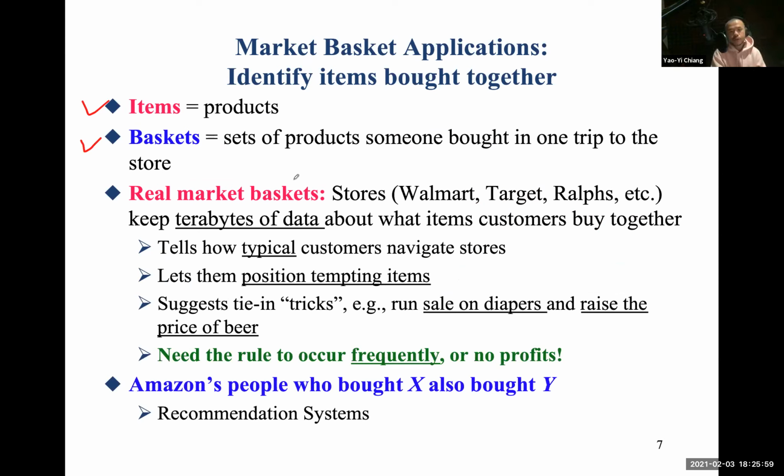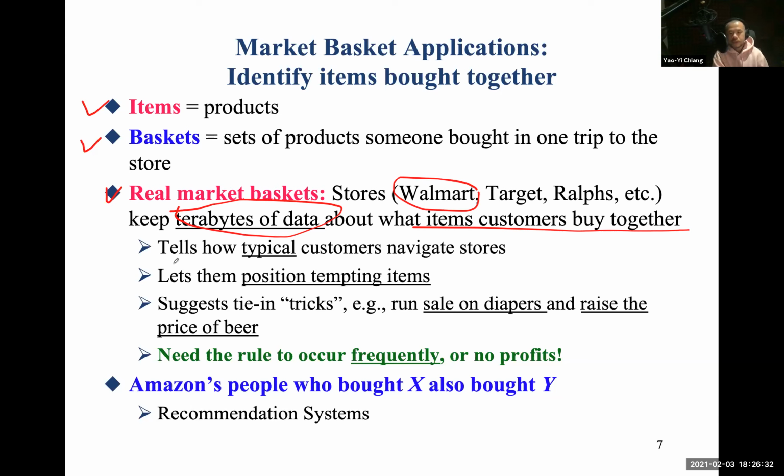So in a real supermarket, your store will keep terabytes of data about what items customer purchased together. If you have been to Walmart, you know they have a lot of customers, and that would translate to lots of transactions. Walmart actually have a Walmart lab doing very interesting data science stuff in the Bay Area. So check it out.